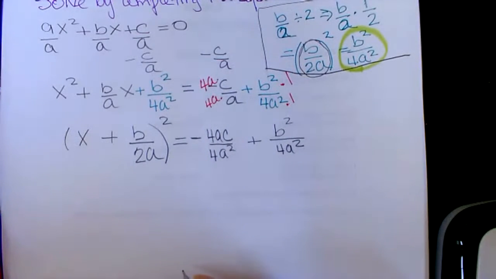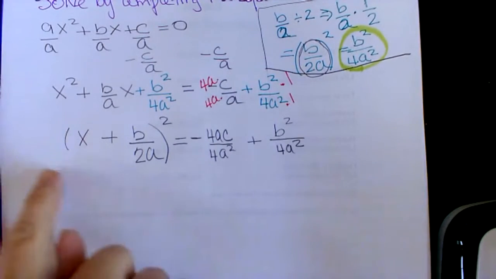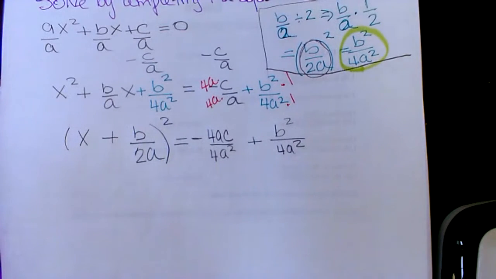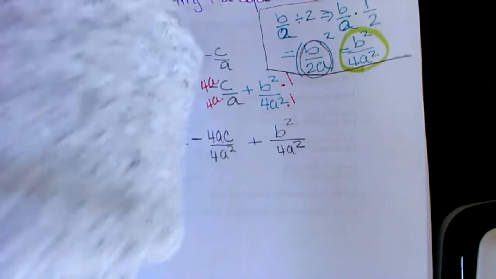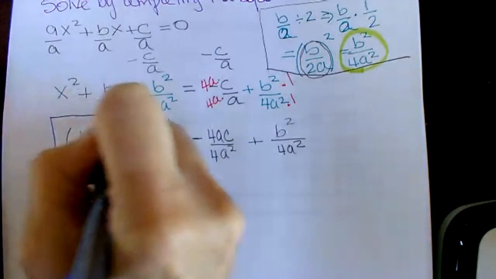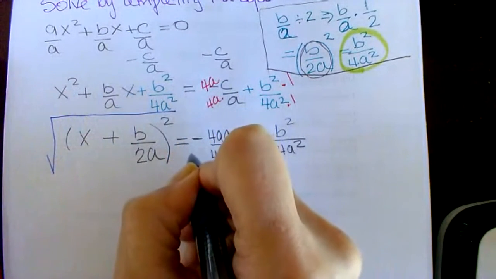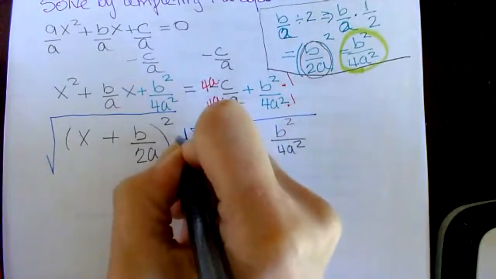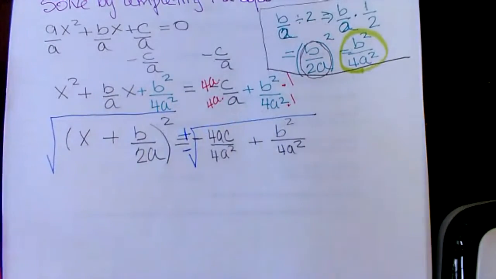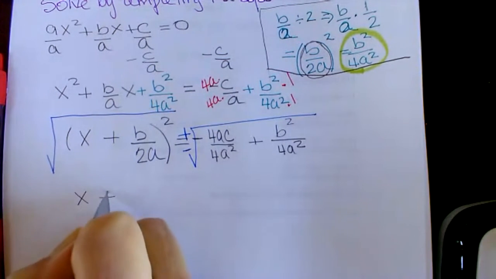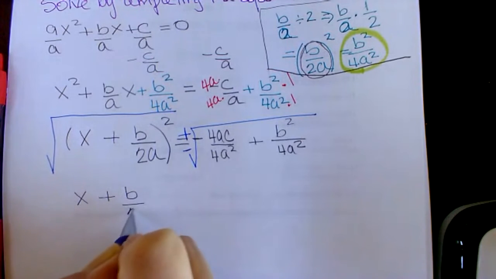Now, I'm going to take the square root on both sides to get rid of this square. So let me apply the square root here. And on this side, remember, plus and minus. So this side is going to be x plus b over 2a.